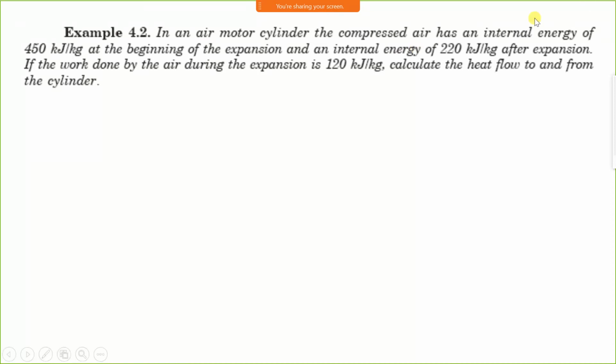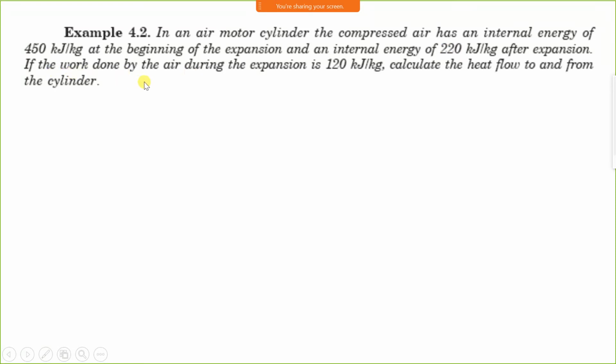It is the initial internal energy, 450, that is U1. And the internal energy is 220 kilojoule per kg after expansion. Before expansion internal energy is 450, after expansion it is 220. Means U1 is 450, U2 is 220 kilojoule per kg.